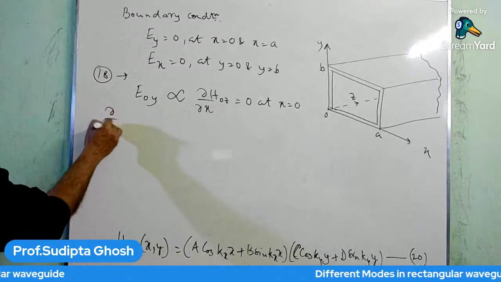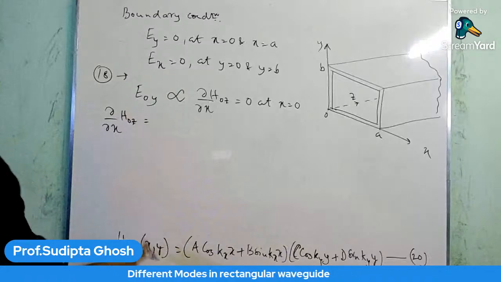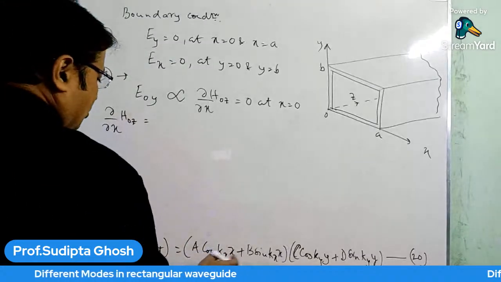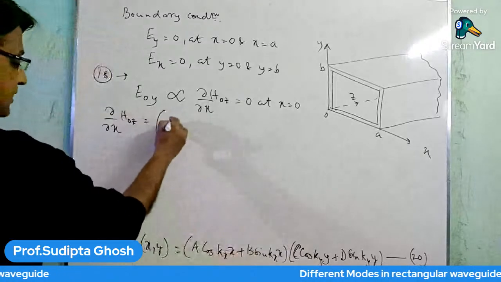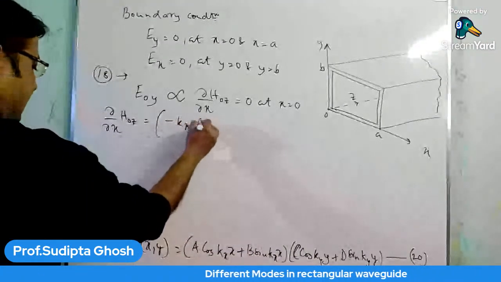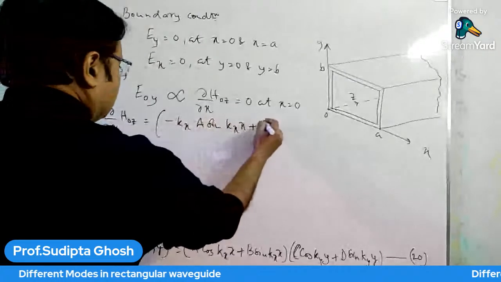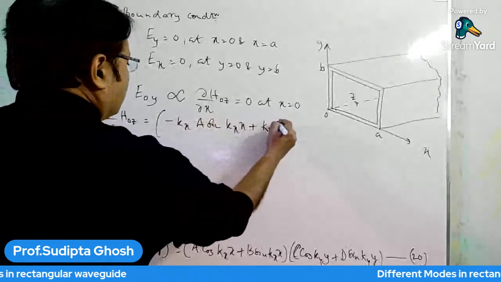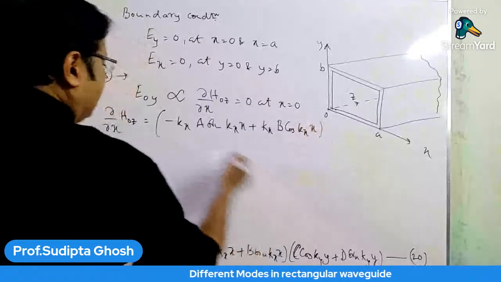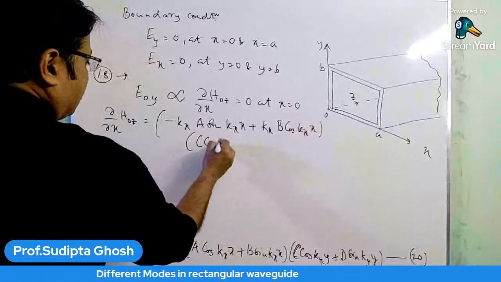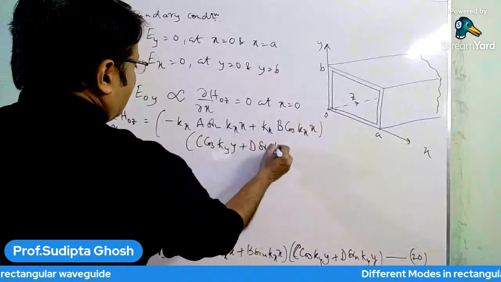So del x of HOZ, that means the cos term, it is minus kx a sin kxx plus kx b cos kxx, and only these two terms, c cos kyy plus d sin kyy, will be there.